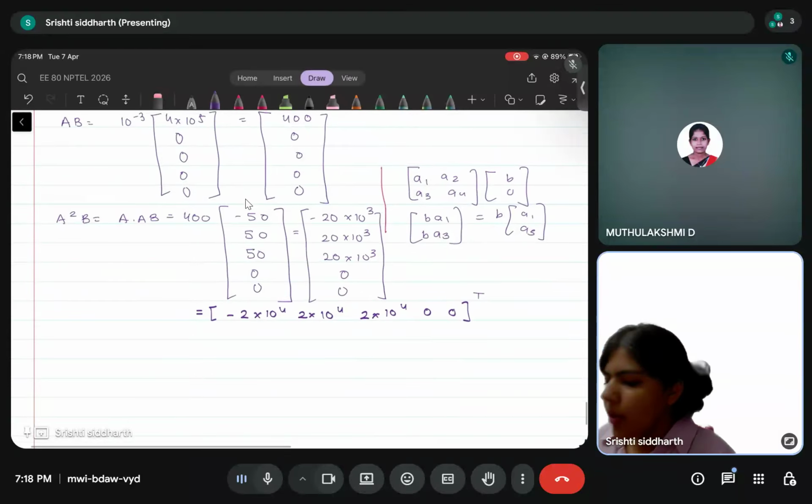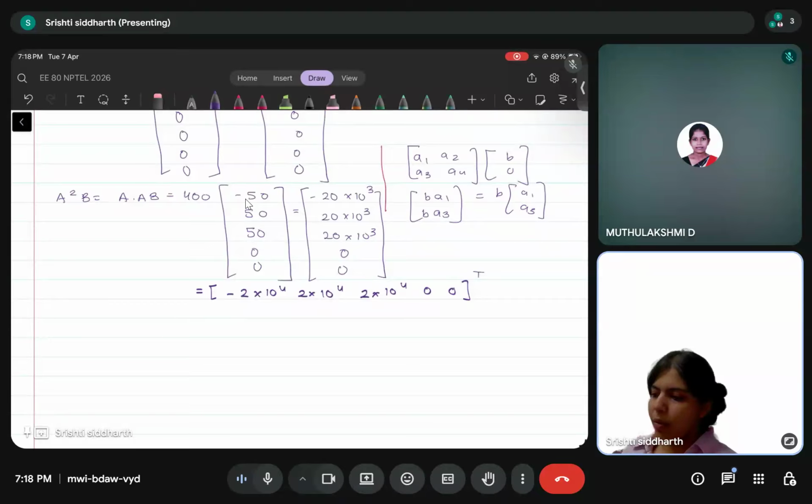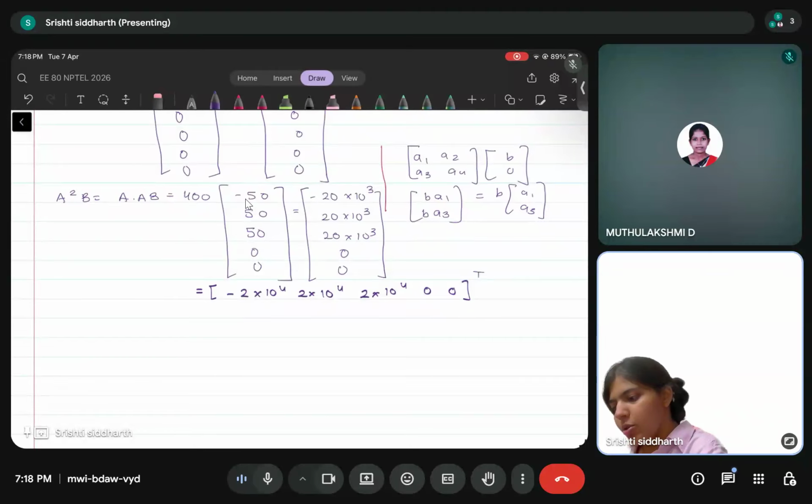Alright. And now we have a general column vector, so we have to multiply A cube B, right? So A with A squared B. So A cube B is A times A squared B. So let's write down the matrix.